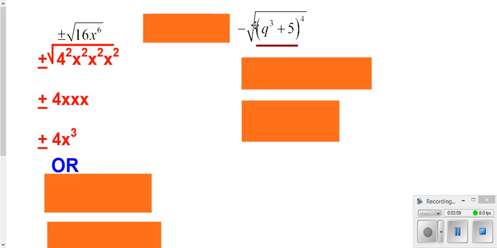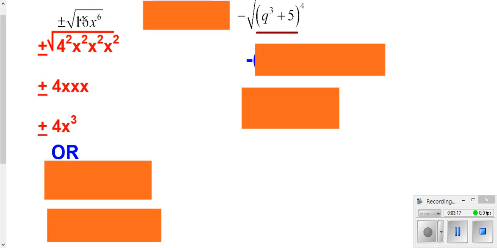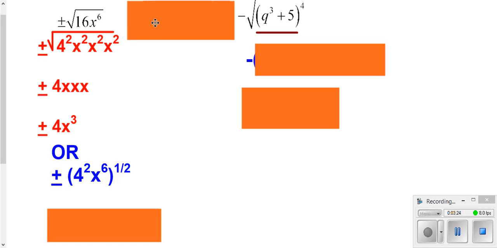This one here, we also have a square root, so we're going to still leave that negative in front. I'll show you a second way this one could be done. Now, a square root is a 1/2 exponent. So you could write it with a fractional exponent. Now you have your 4 squared, you have your x to the 6, and you have exponents raised to an exponent.